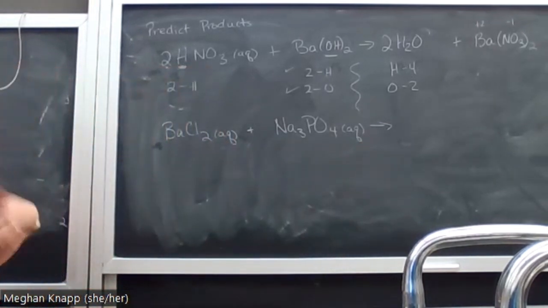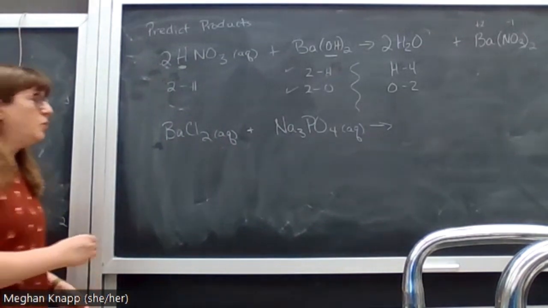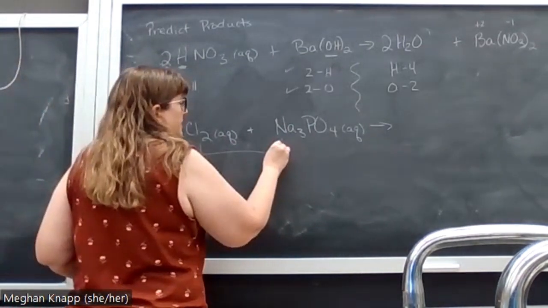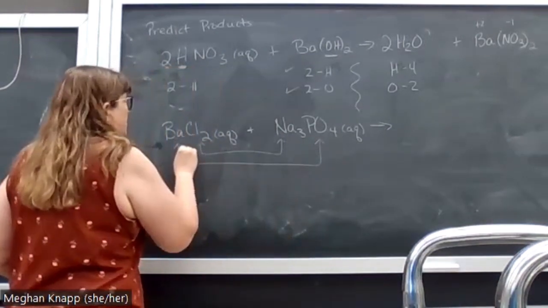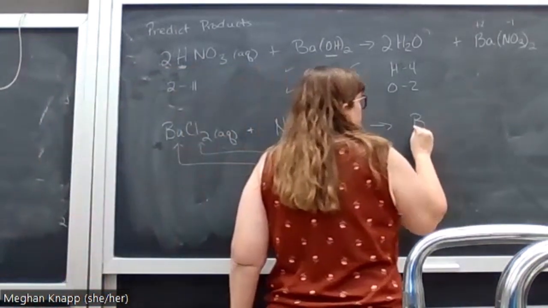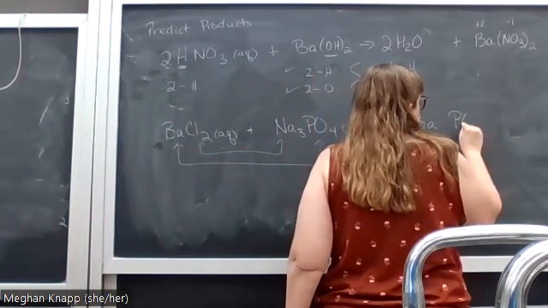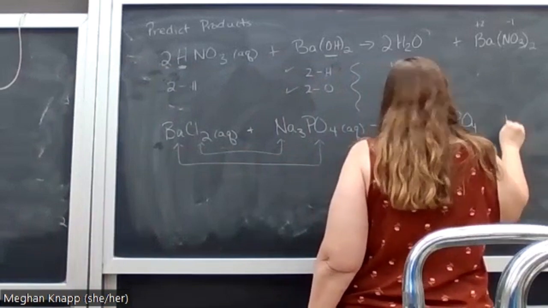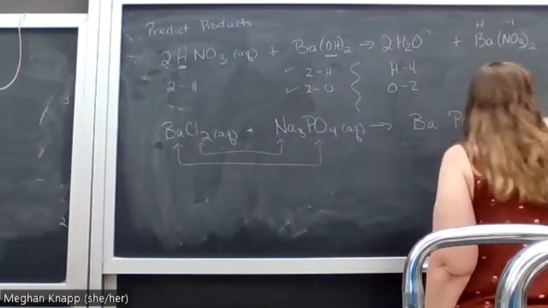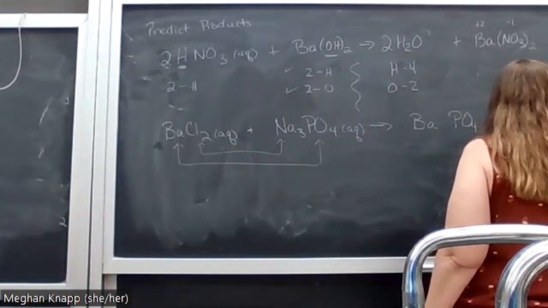We're just going to switch which cation is attached to which anion. So one way you can do that is put the inside things together and put the outside things together. So we're going to put a barium with a phosphate and a sodium with a chloride.